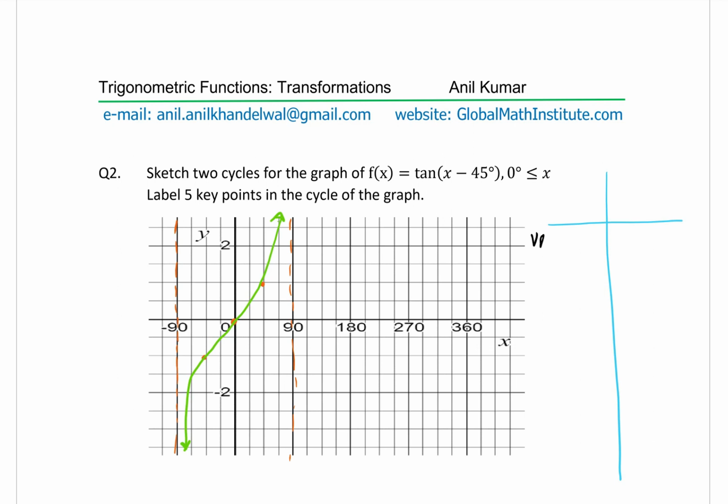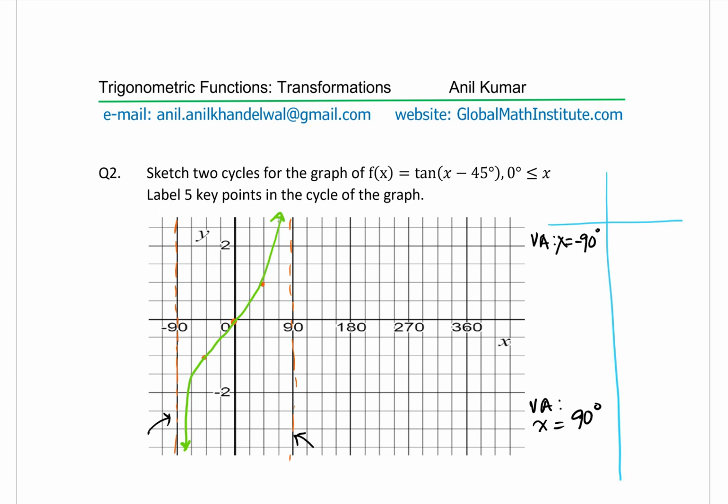So we have a vertical asymptote at x equals minus 90 degrees, right? The other one is at plus 90 degrees. So those are the two vertical asymptotes which we're talking about, for the parent function tangent x, I mean.